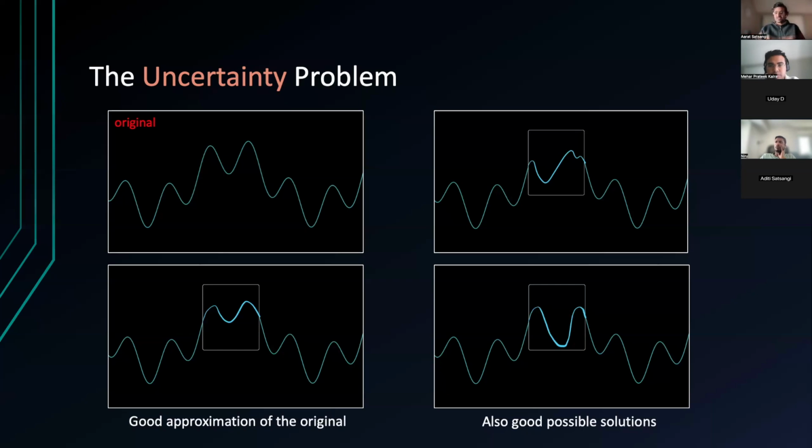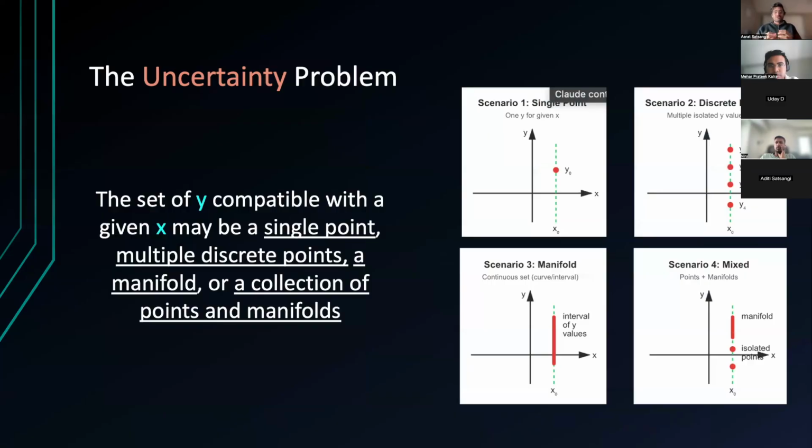So the thing is that the set of y compatible with a given x may be a single point, where you can connect the two signals in just one way. If it was small enough, you could just draw a straight line. Or there can be multiple discrete points, or a manifold, or a collection of points and a manifold, right?